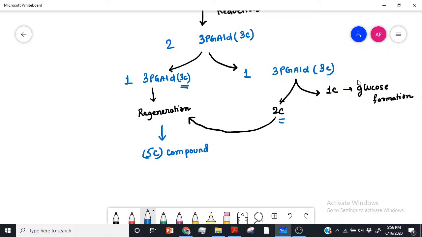Right, now what is the 5 carbon compound that we saw in the cycle?